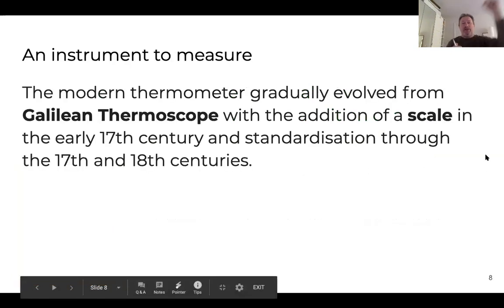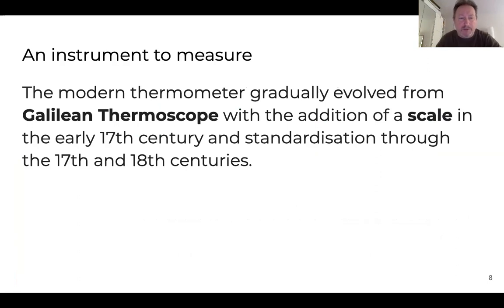This is a simple instrument to measure temperature. The thermometer gradually evolved from the Galilean thermoscope, which was the previous one, with the addition of a scale in the early 17th century and standardization through the 17th and 18th centuries.